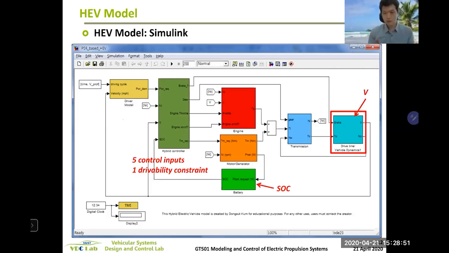So if you open this Simulink block, you will see this block diagram, and you will be able to find driver model, controller, engine, motor generator model, then battery model, and then transmission model, and then vehicle dynamics model.